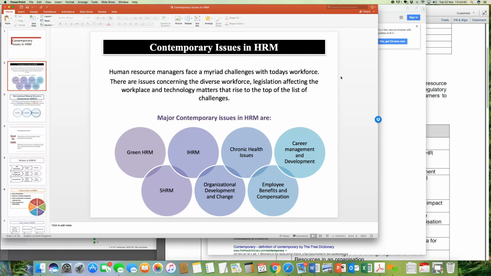There is different culture and different background among the people coming to work within the organization, and the HR has to make all of them work together. This is highlighted in the point called diverse workforce. That means there are people from India, China, Africa, diverse backgrounds.